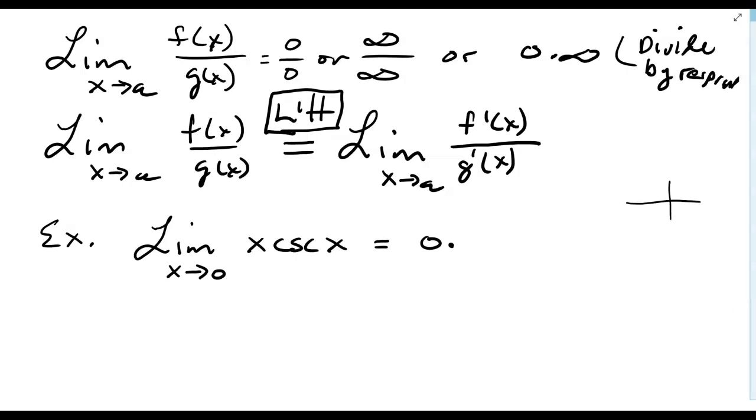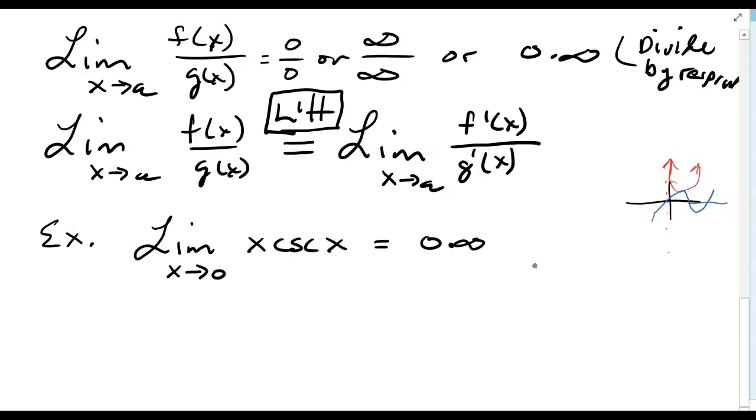So if this is my sine function, we know what our sine graph looks like. Cosecant has asymptotes where sine is at 0. Cosecant looks like this, all right? So cosecant, as x approaches 0, is going to approach infinity.